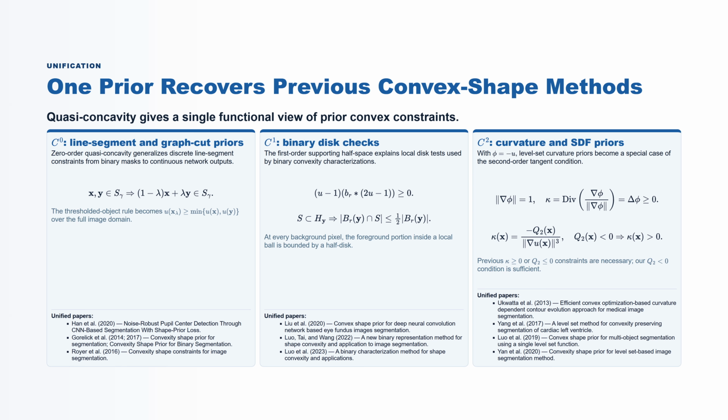These can be explained by our first-order supporting half-space condition. And level set or signed distance function methods often use curvature constraints. These naturally connect to our second-order condition. So instead of treating previous methods as separate ideas, quasi-concavity gives one unified view of them.